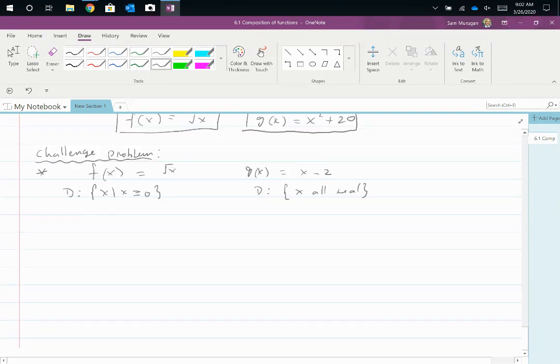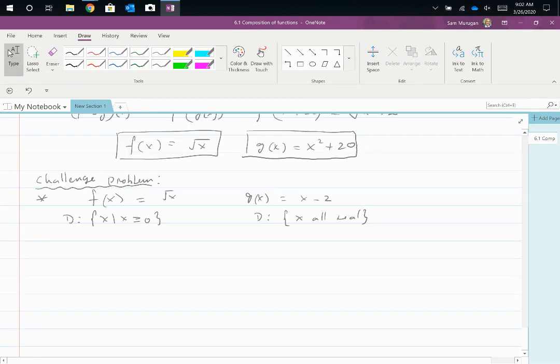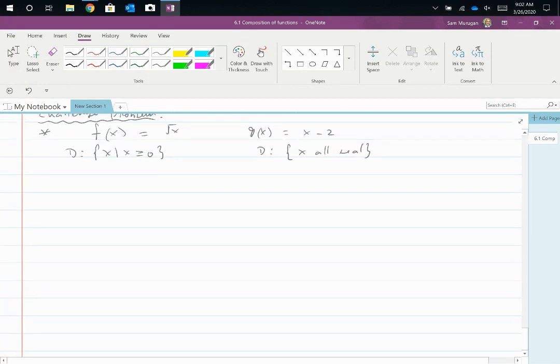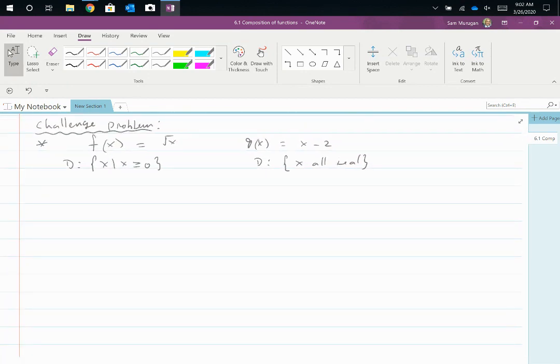Let's look at a few compositions, maybe one or two, and see if we can figure out not only how to compute the composite function, but how to find the domain.